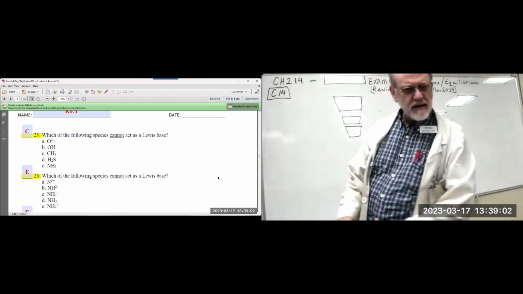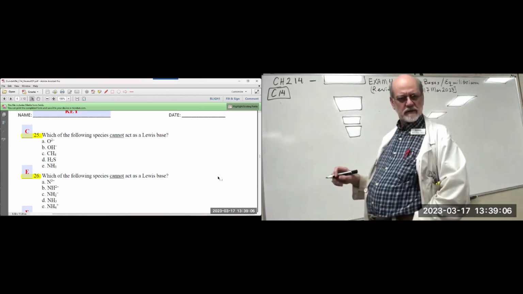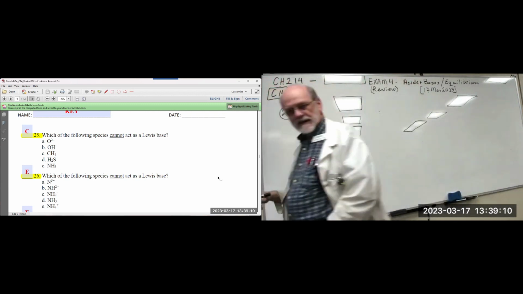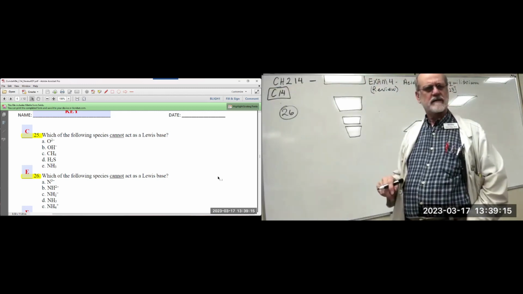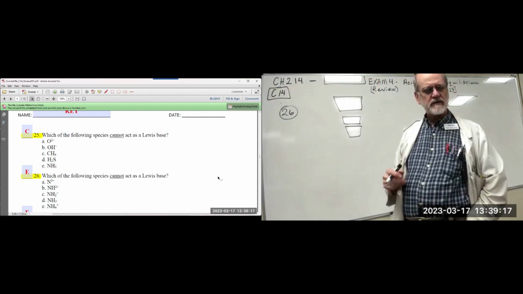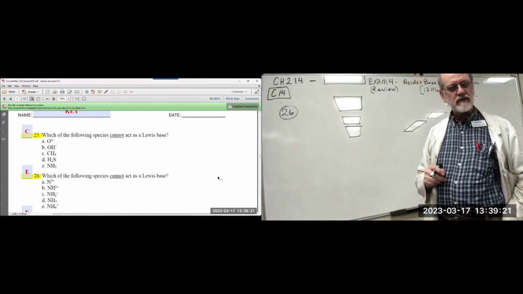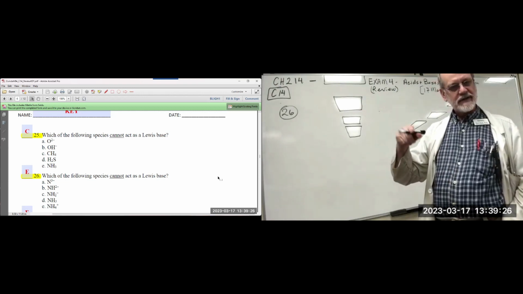26, I think. Which of the following cannot be a Lewis base? So how about N3 minus? Oh yeah, it's got lots of electrons. NH2 minus, yep. NH3.